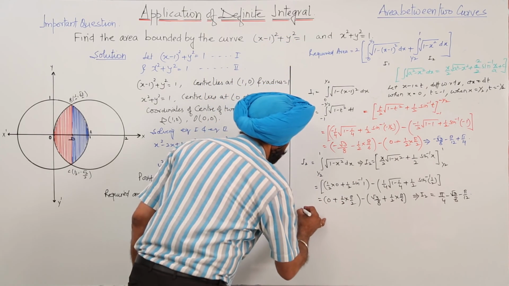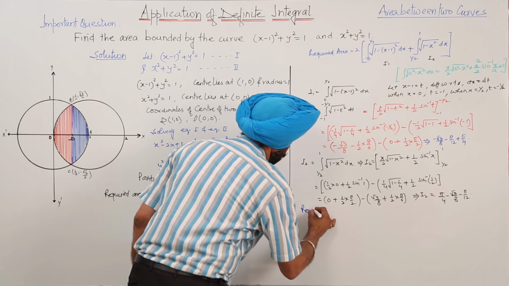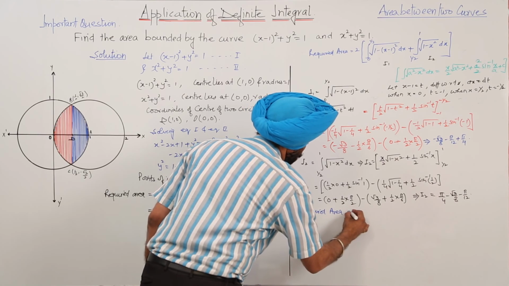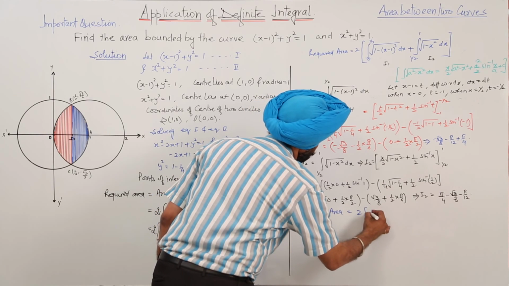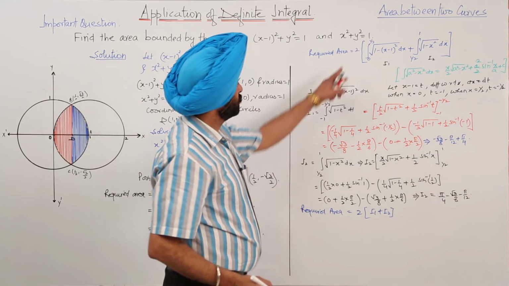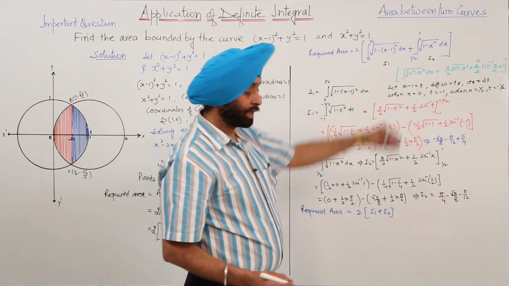Now the required area is equal to twice of (I1 + I2).